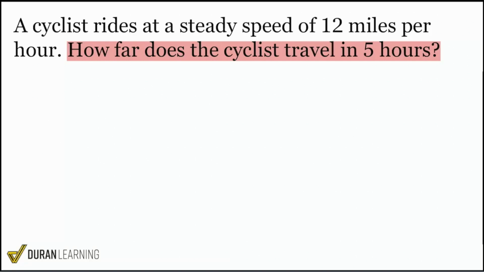Distance, a rate, or a time? Yeah, absolutely. All day, distance is correct. So that's what we're looking for. How far does the cyclist travel? That's telling me I'm looking for distance.